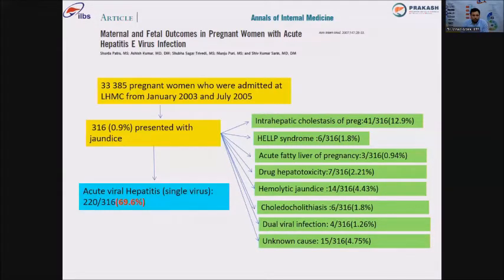Of which 316 patients presented with jaundice, that is 0.1%, and the most common cause was acute viral hepatitis, responsible for almost 70% of the cases, 220 of 316 cases. The rest were intrahepatic cholestasis of pregnancy, HELLP syndrome, acute fatty liver of pregnancy, drug-induced hepatotoxicity, hemolytic anemia, choledocholithiasis, dual viral infection, and unknown cause.